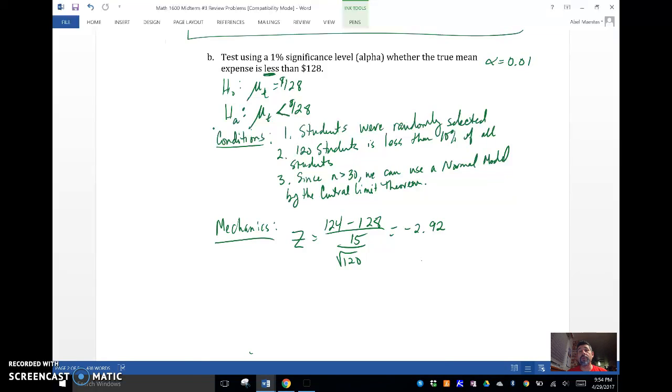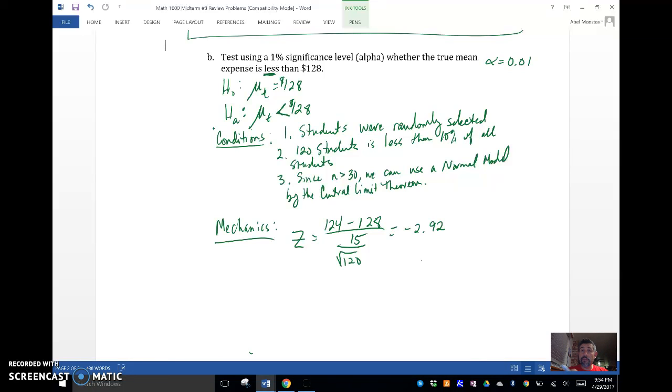The third one, however, is different depending on your hypothesis test. In this case, since we're doing inference for large samples for means, we're going to say since the sample size is greater than 30, we can use the normal model, and that's based on the central limit theorem. So we just state that, we're good to go. So in our mechanics section now we're going to find the z-score.